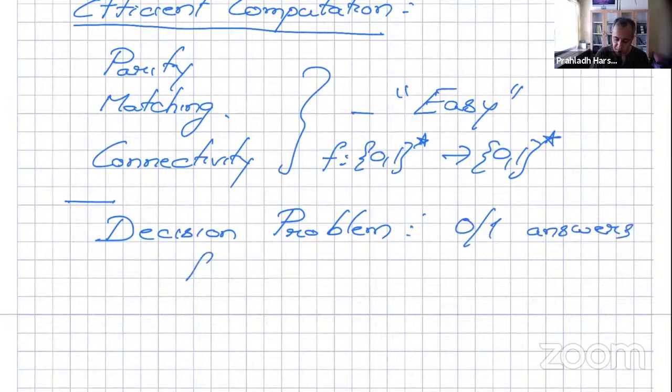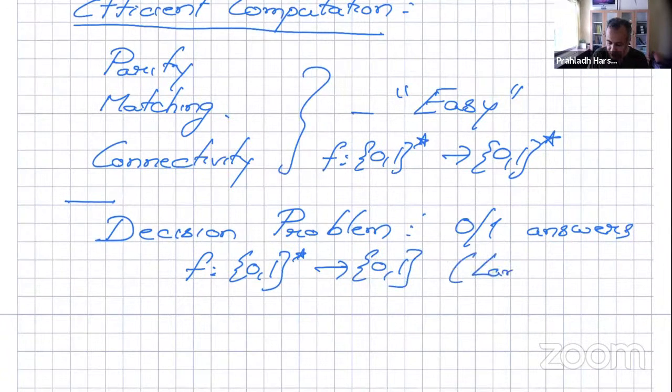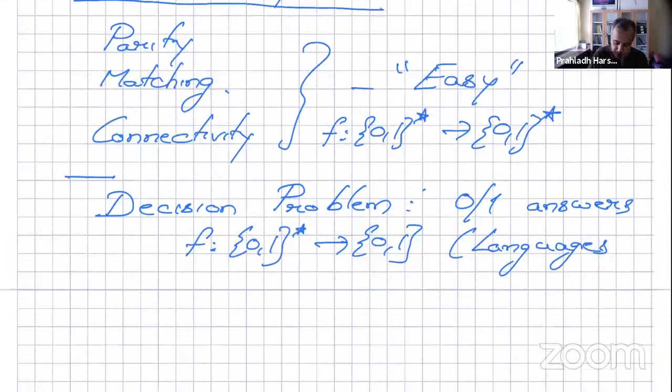That is, f looks like a function from 0-1 star to 0-1. These are also called languages. So the language corresponding to this function is just the set of all x such that f of x is 1.